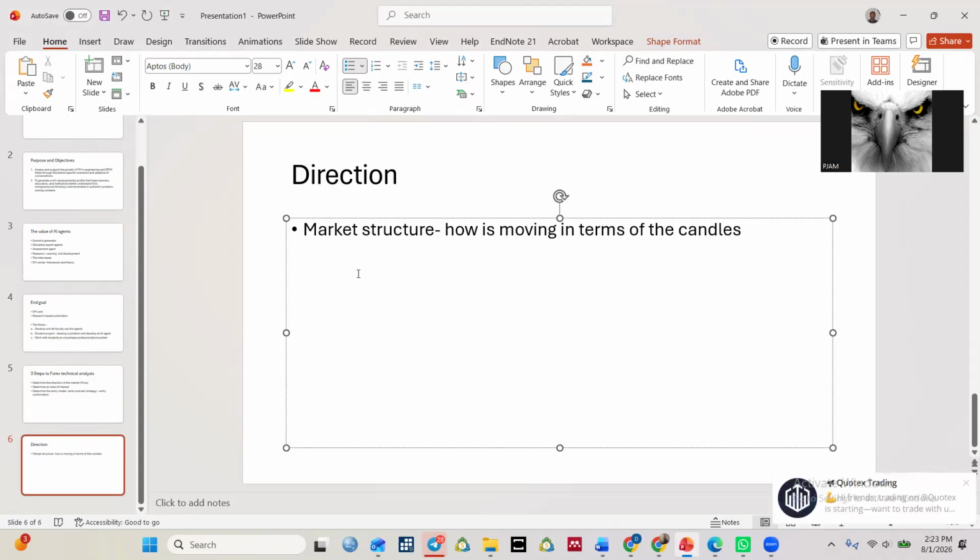Okay, so we will see that price does not always move in a straight line. The price is not just moving up, up, up. You will see some of the candles pointing up, and I know you know what a bullish candle is and what a bearish candle is.